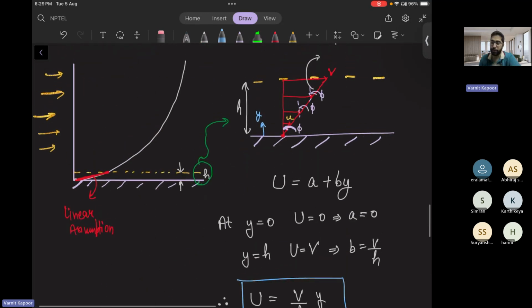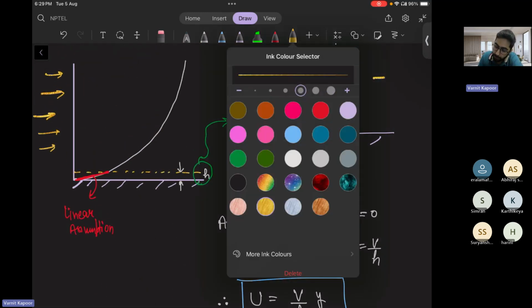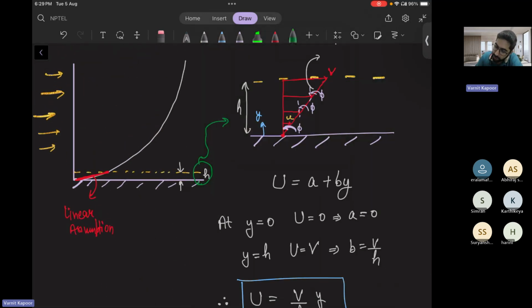So what will the shear stress profile look like? If I want to make a shear stress profile, it will look like a constant value, opposite to the direction of flow, because it is a resistance to the flow. The shear stress profile will look something like this. Tau, it's a constant value.